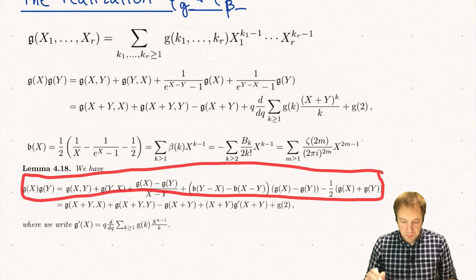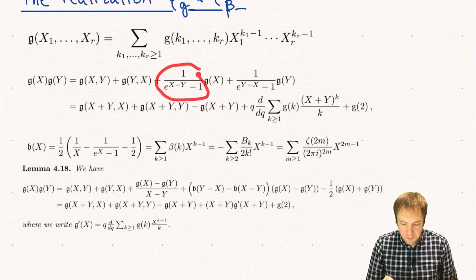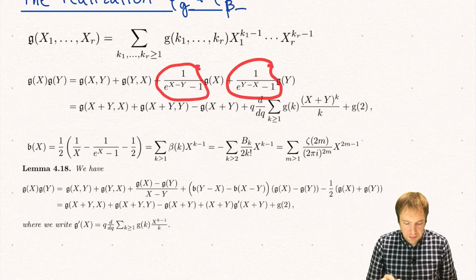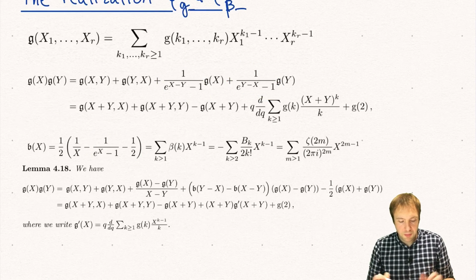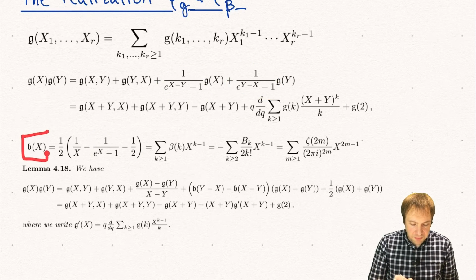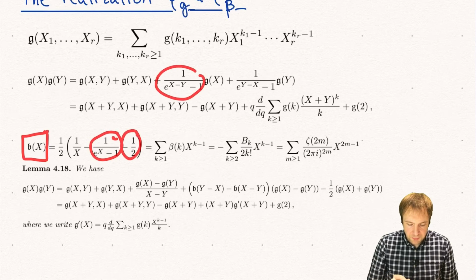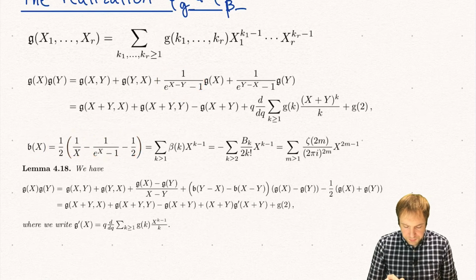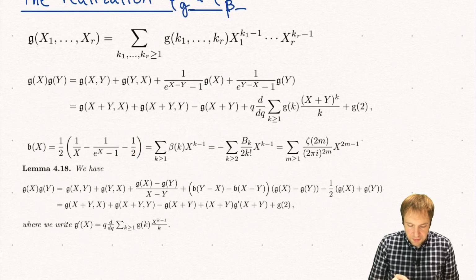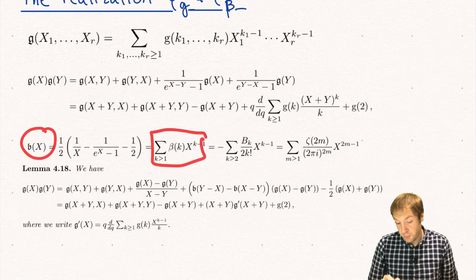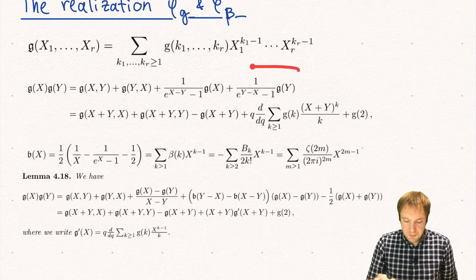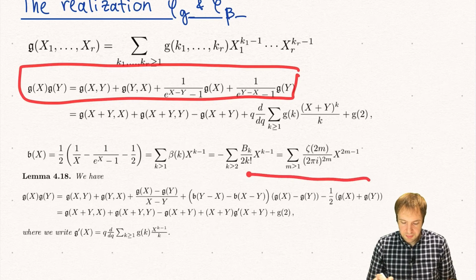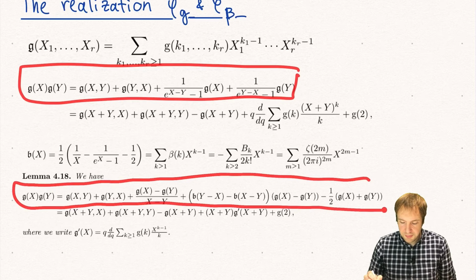And for this, we just use these terms here with this exponential, which are basically given by the generating series of Bernoulli numbers. And therefore, if we define this b to be basically this part here, removing the pole and also some constant term, this b will actually be the generating series of our betas. But using this equation is just another way of writing it like this here.